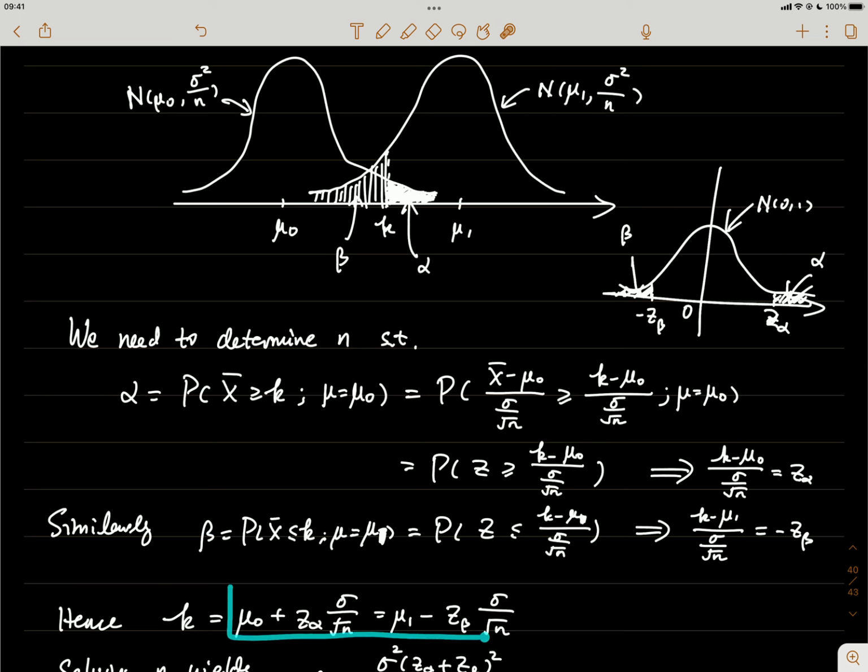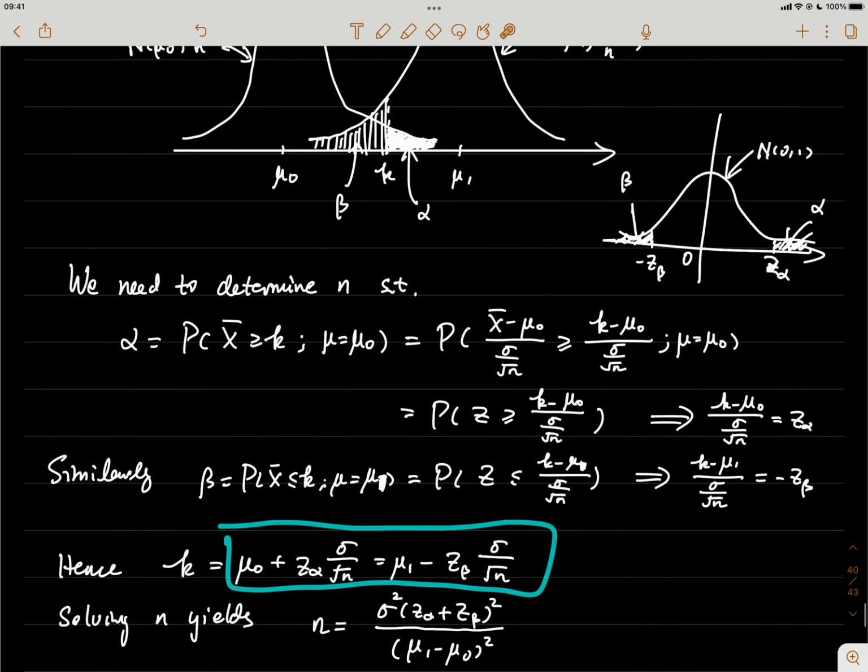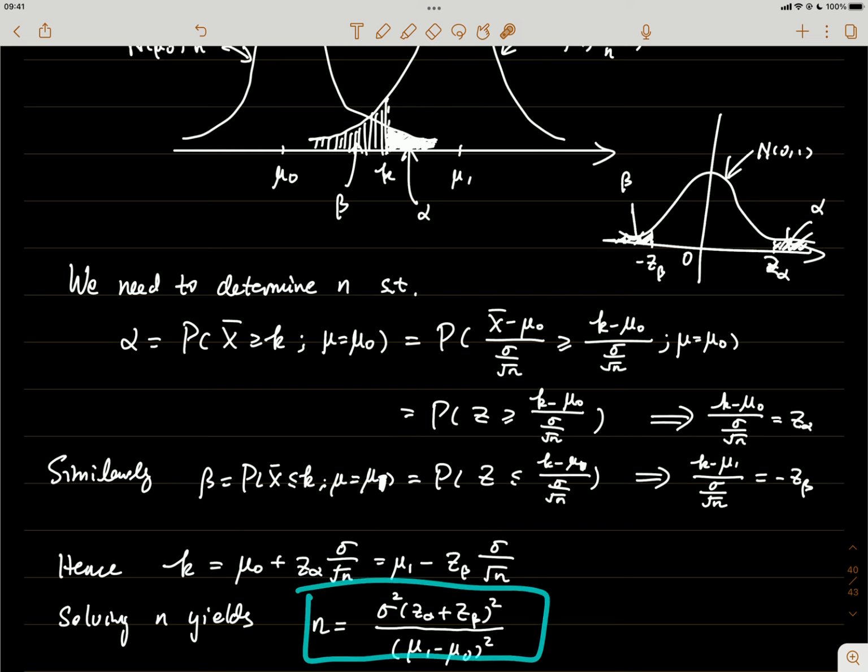So this gives us an equality that has n as an unknown, because mu 1, mu 0 and sigma are given, and z alpha and z beta can be found from the table depending on the values of alpha and beta given in the question. So only n is unknown, so we just need to solve for n from this equality, and that's how we get the value asked about in the question.